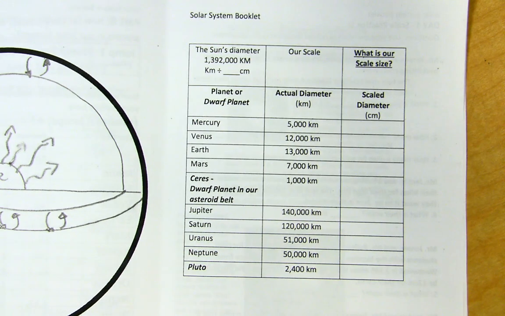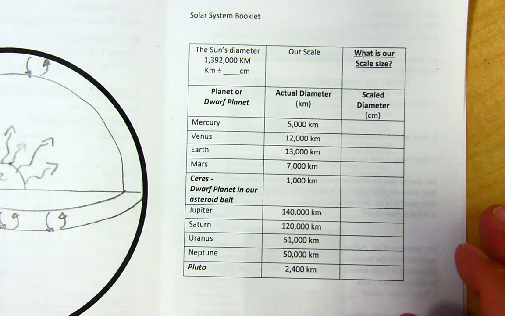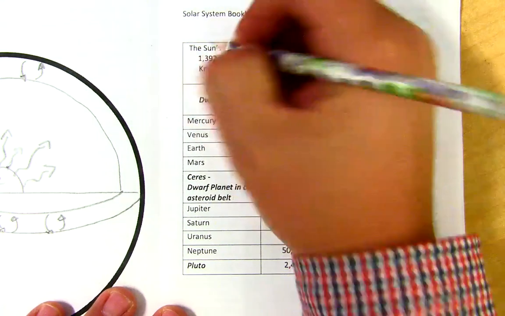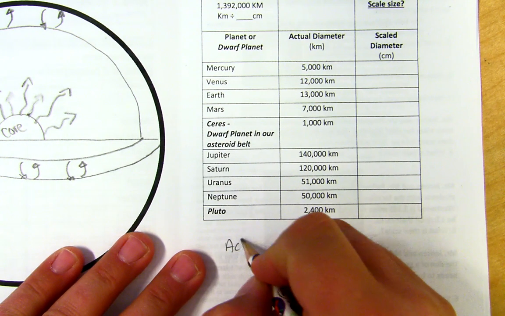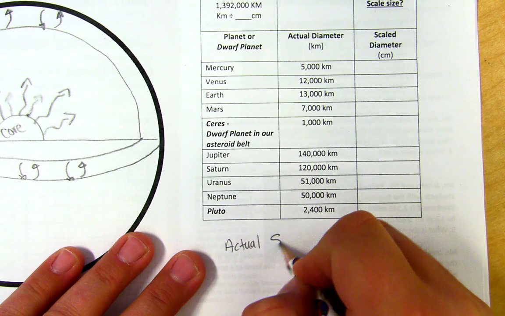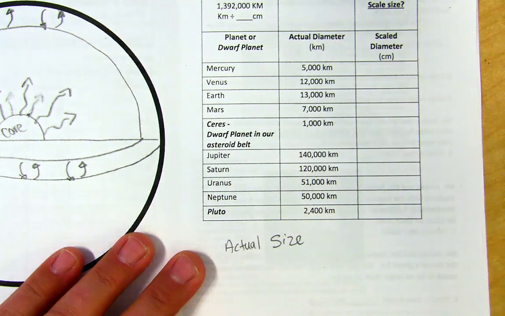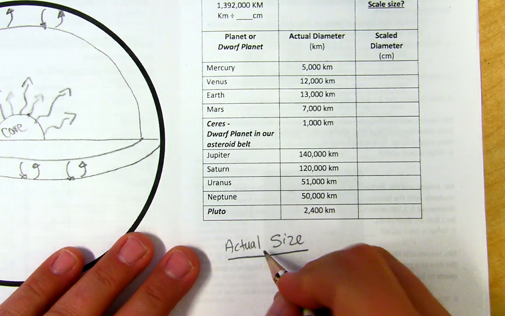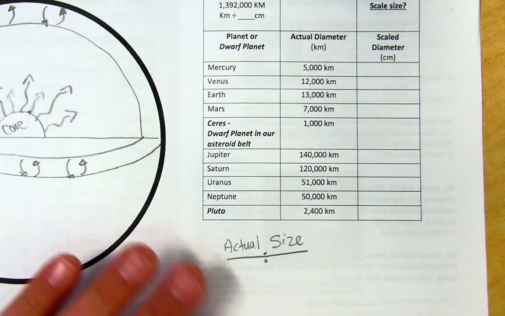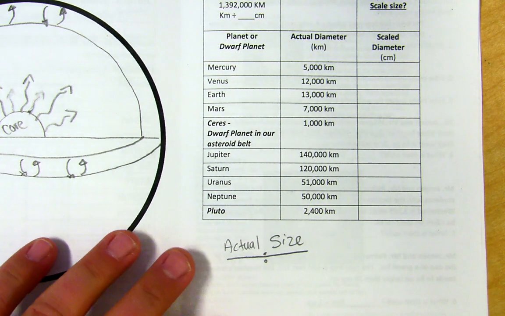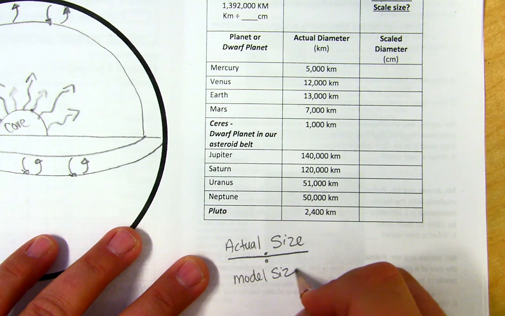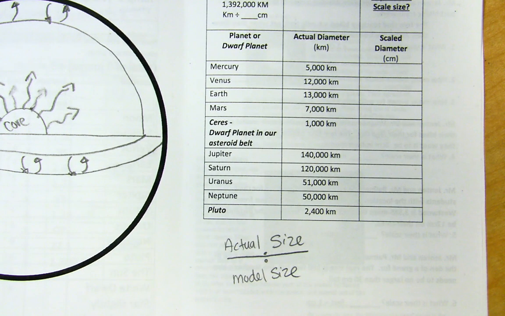To create a model of something, I would take the actual size of something, and I would divide it, remember a line can be divided, by my model size. The model size of what I want to make a model of.